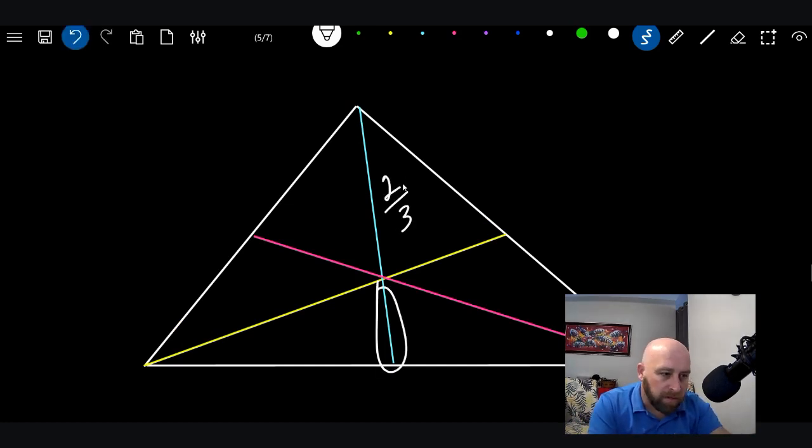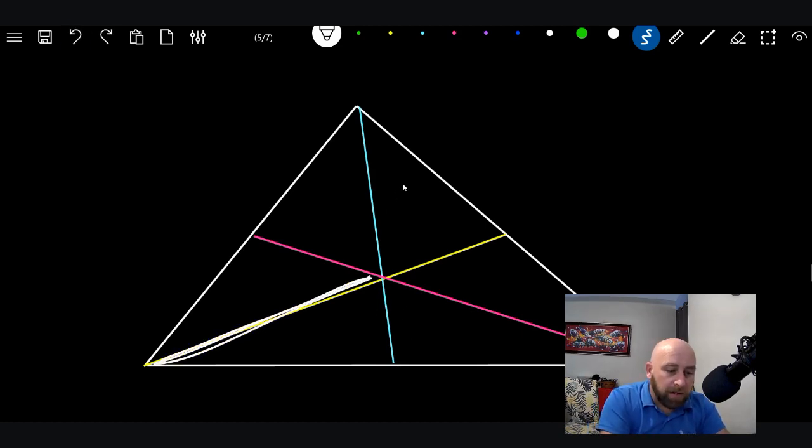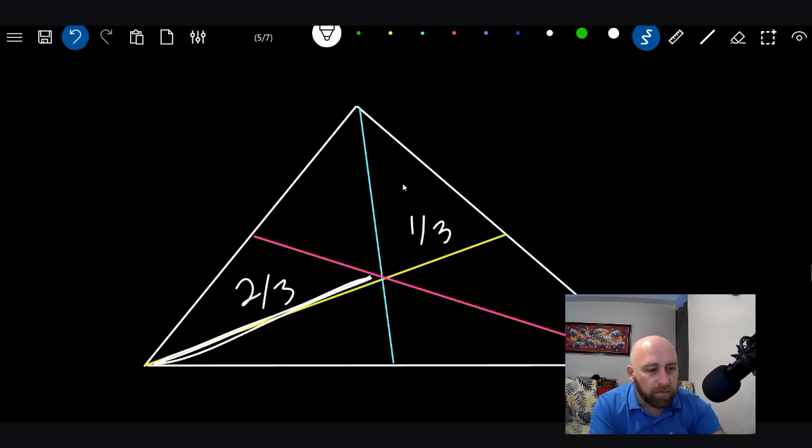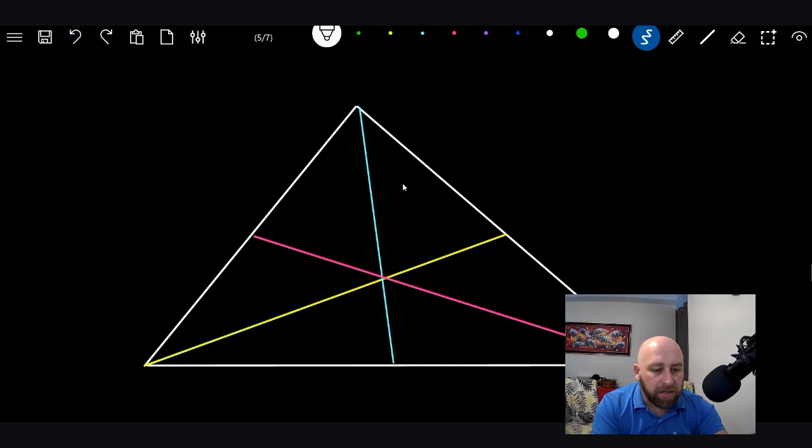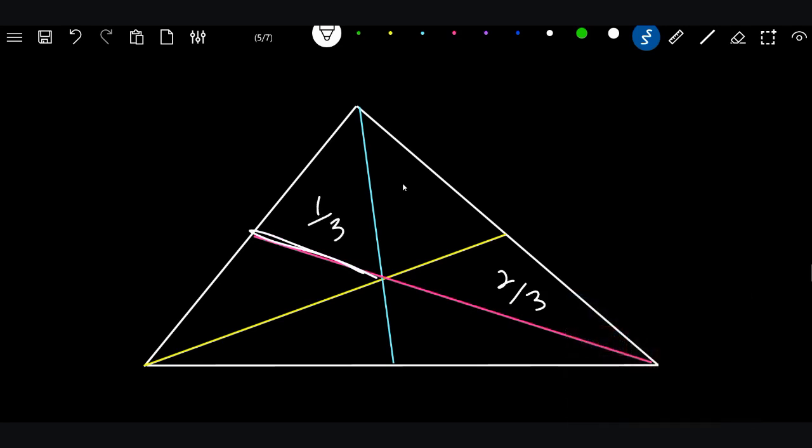This part down here is the 1/3. If we're talking about the yellow line, this part right here is the 2/3. This part right here is the 1/3. On the pink line, this part right here is the 2/3, and this part right here is the 1/3. Okay? And that's what Theorem 31 means.